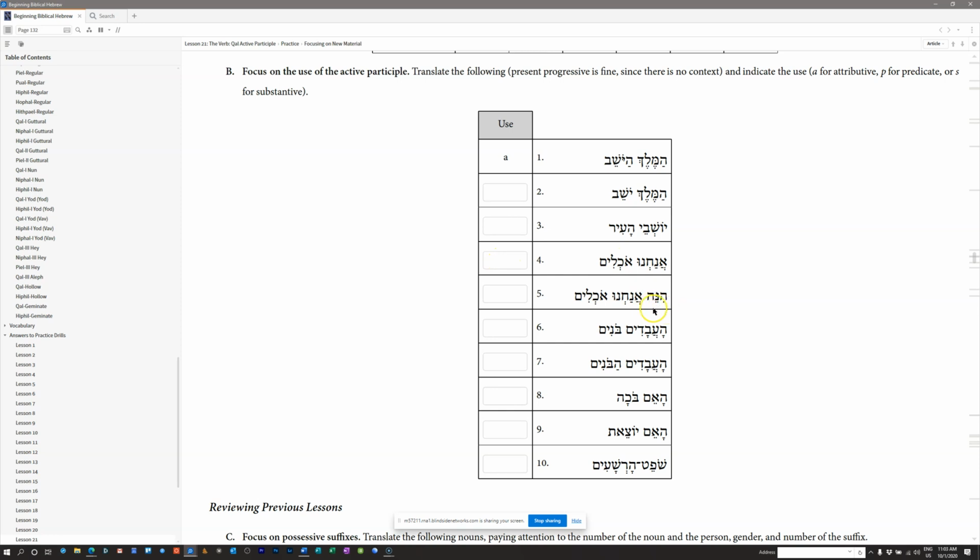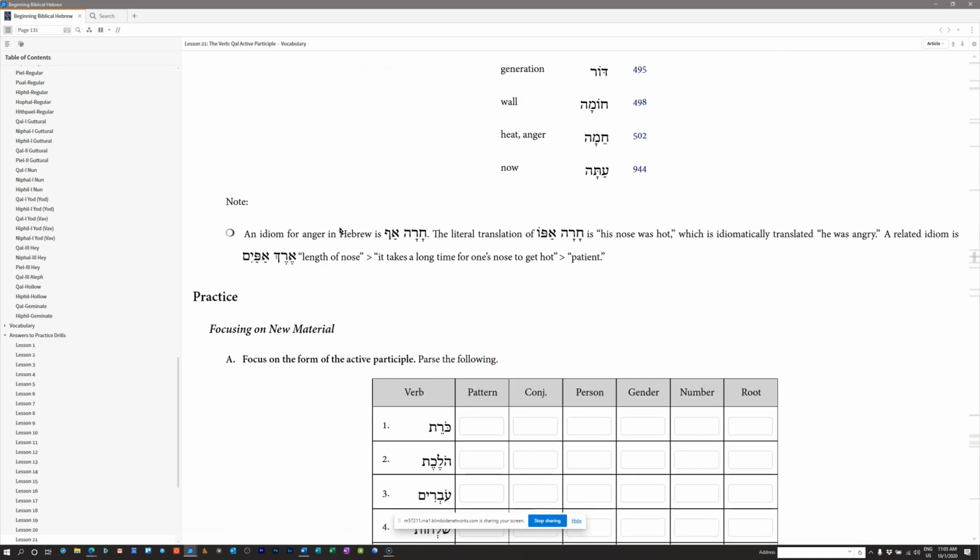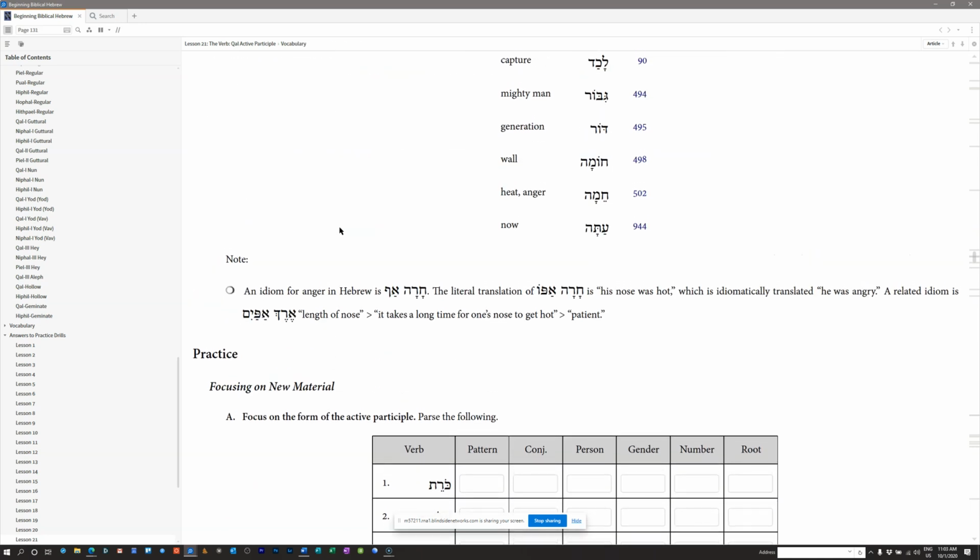All right, number 5, we've got hine, anachnu, ochelim. Look, we are eating. I feel like I'm missing something here. There's got to be more to it than that. Does he talk about what's going on with the hine here?